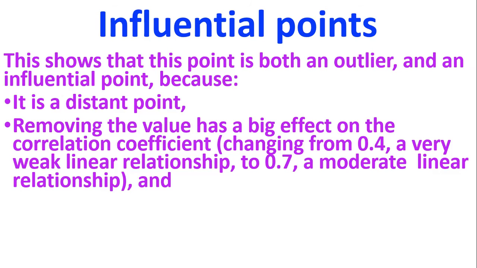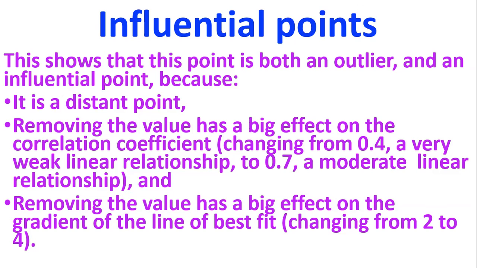So we had an R value of 0.4, and that would mean quite a weak linear relationship. And when we remove that one point, the correlation coefficient changed to 0.7, which is now a moderate linear relationship. So taking away one value changes the R value from 0.4 to 0.7. So that's quite a big change.